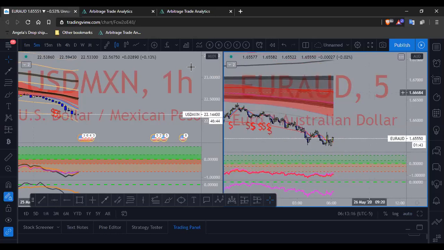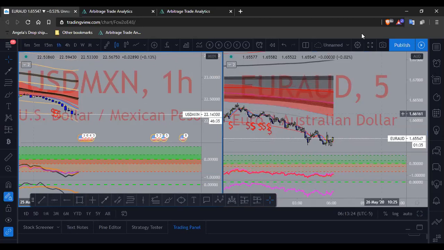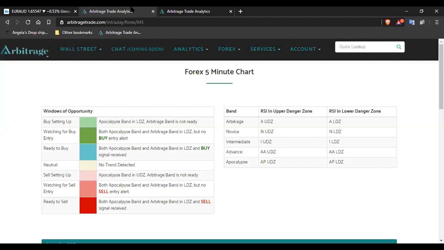Okay, let me get on the 5 minute chart first. Before I continue, I want to explain how I look for my setups like this, and you could do it on a daily basis if you have the bands, because this is what I always use. I use the arbitrage bands.